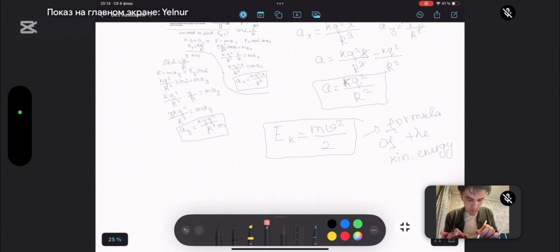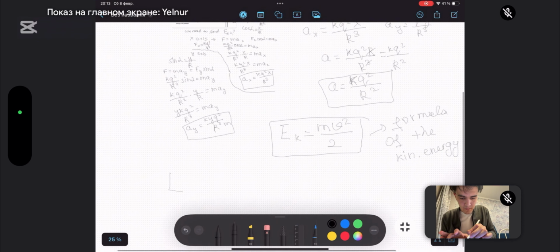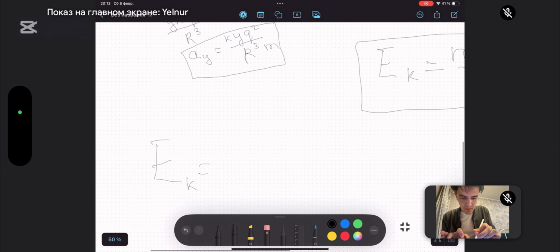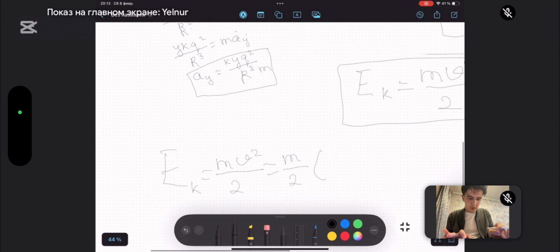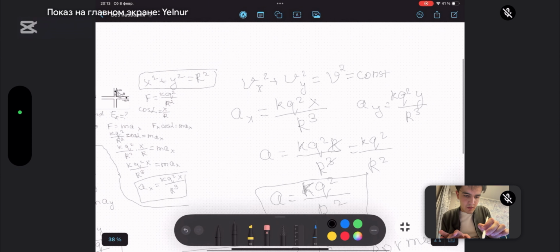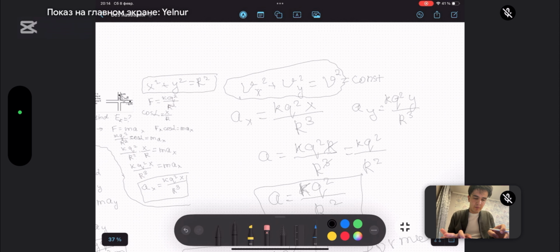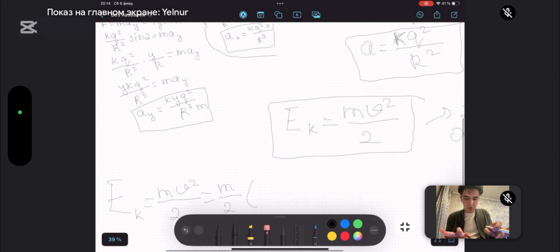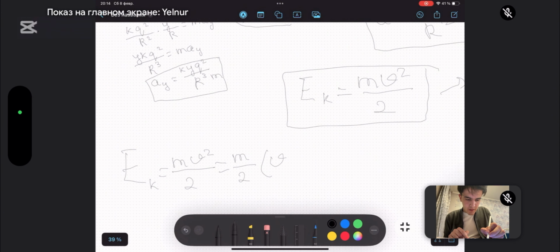For this calculation, we need the velocities on the x and y axes instead of our v for the system. So kinetic energy equals m v square over 2, equals m over 2 multiplied by v x square plus v y square instead of v square.